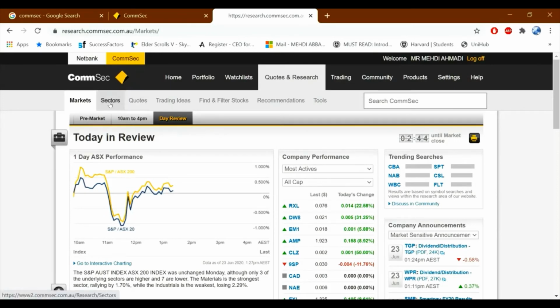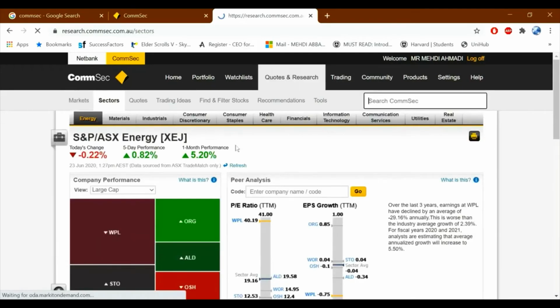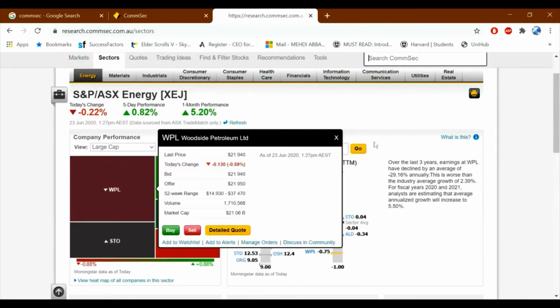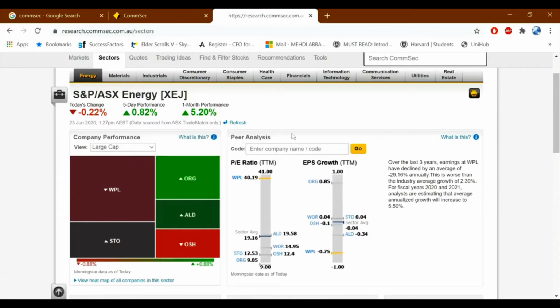This is the whole market. Then you can go sector by sector, whichever sector you wish to follow. This gives you specific information based on the sector.